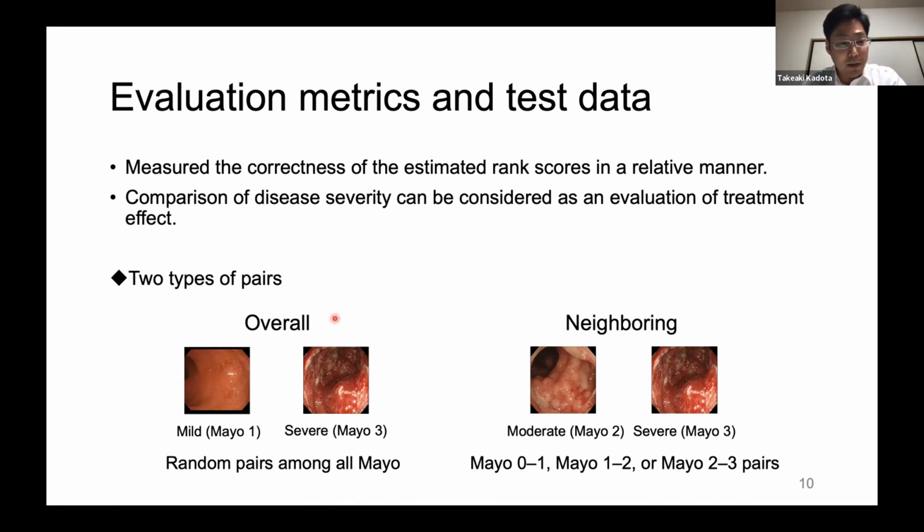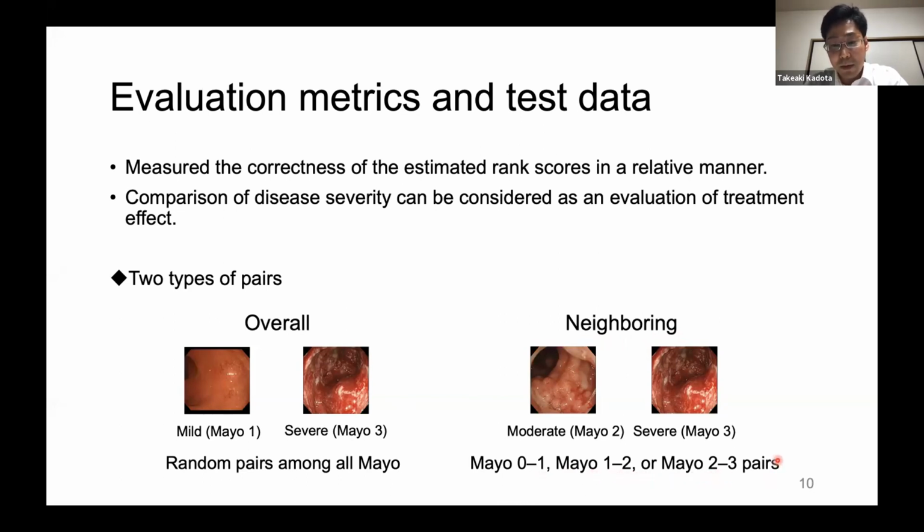Overall test data set is randomly paired among all Mayo levels. Using this test data set, we estimated the overall performance of comparative methods. Neighboring test data set is created by pairing at the neighboring levels, such as Mayo 0-1, Mayo 1-2, or Mayo 2-3 pairs.